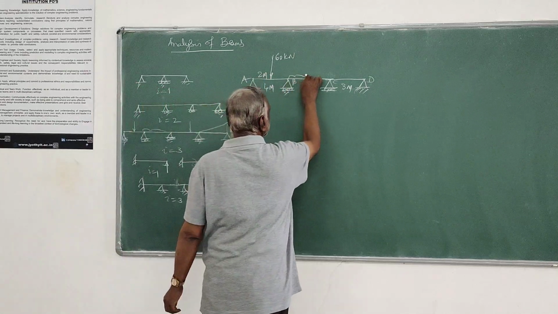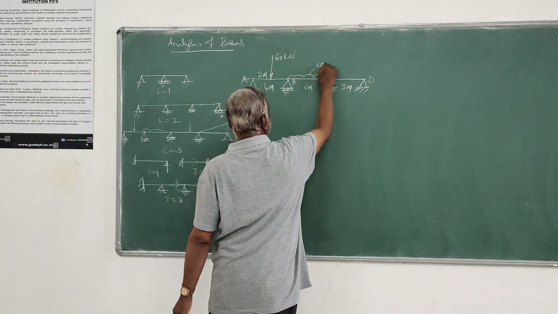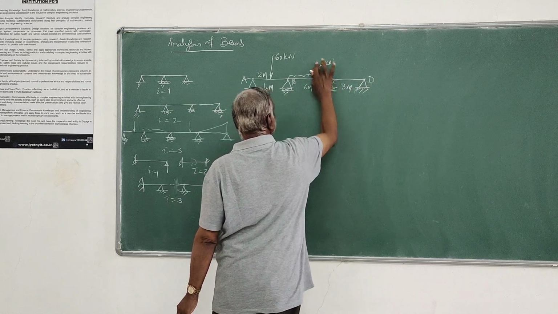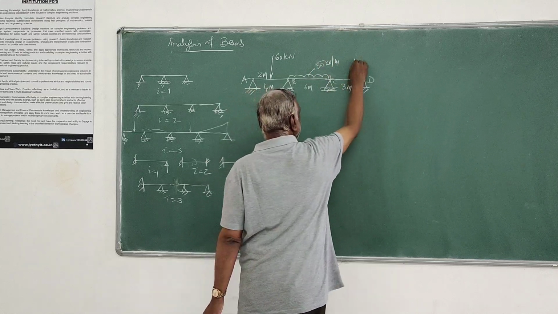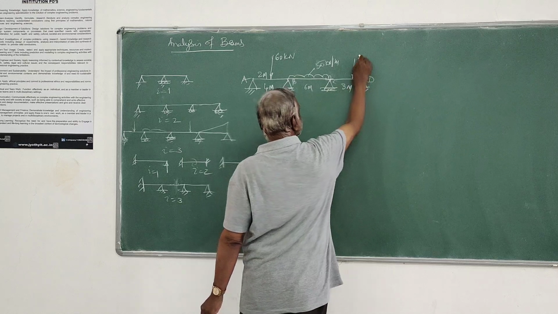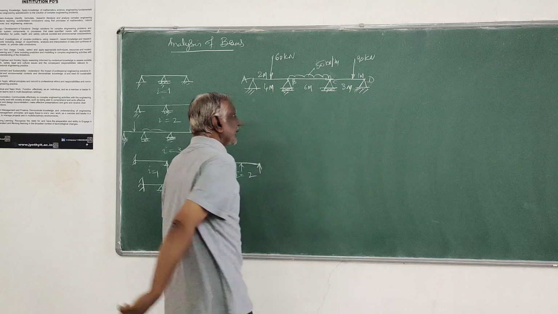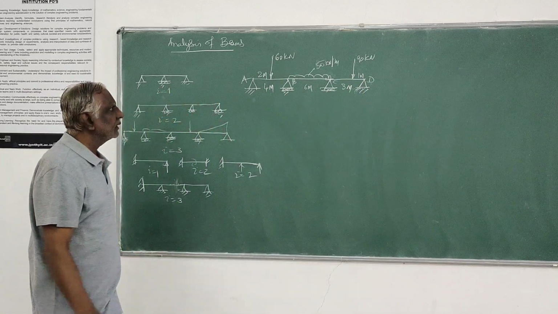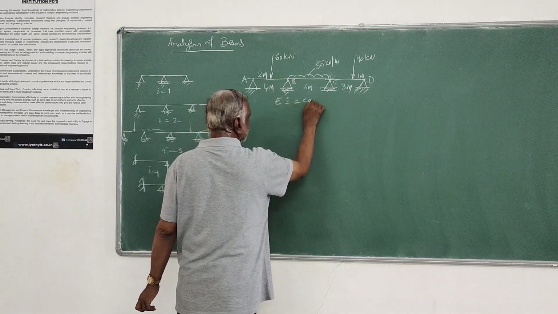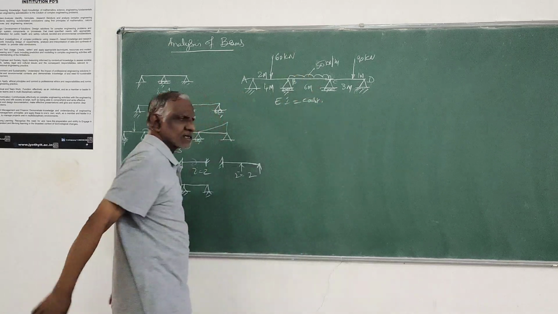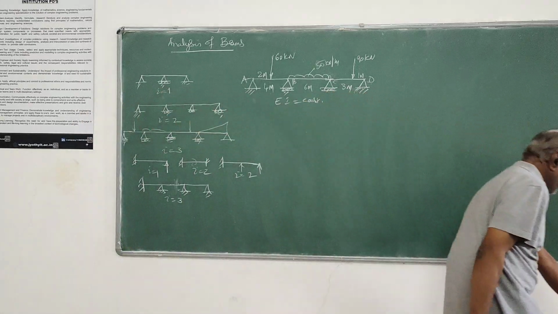Then you can take a UDL of say 50 kilonewton per meter. Then here you can have eccentric concentrated load of 90 kilonewtons at 1 meter from the right end. So you can take EI to be constant. Let us take up this particular problem for analysis today.